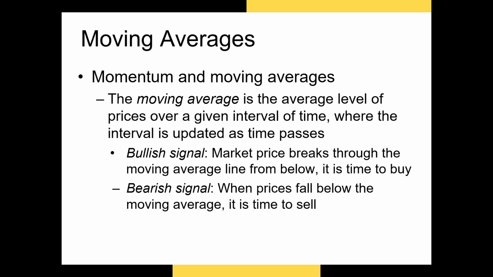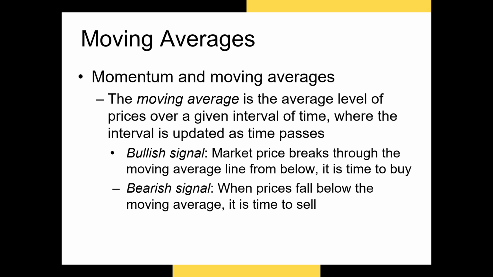Let's start with moving averages. So, like I said, a moving average is the average level of prices over a given interval of time, where the interval is updated as time passes. Now, we typically say that when the market price breaks through a moving average line from below, that's considered a bullish sign, or it's a good signal that the share price is about to increase.